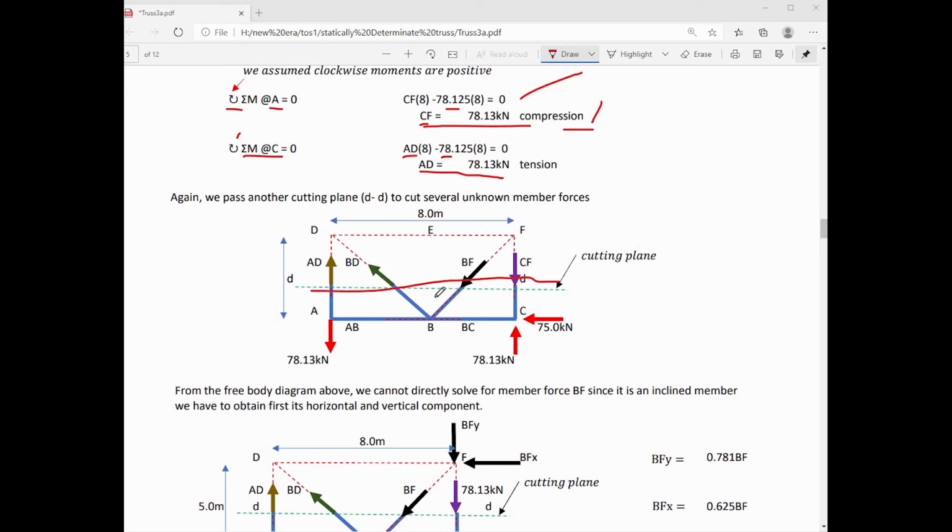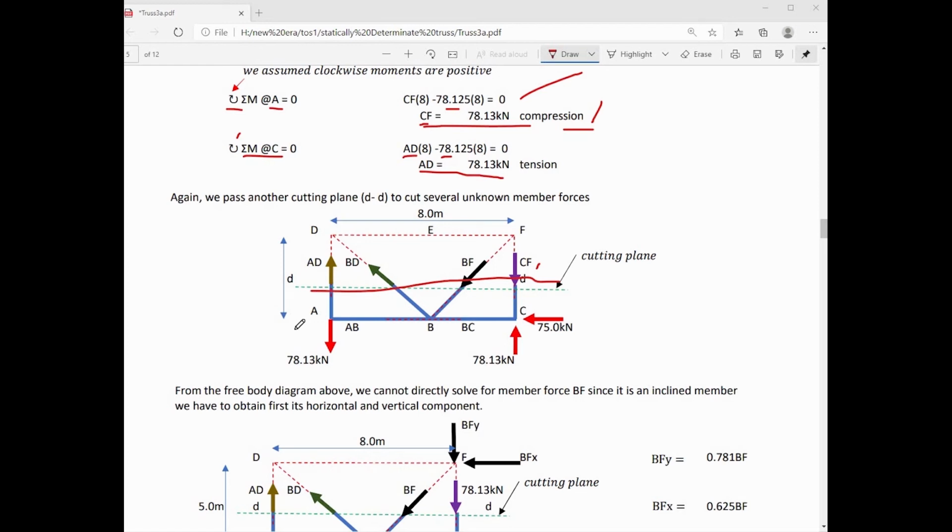Then we will again replace the severed member with forces, and all the directions of those forces are assumptions except for CF. We have already solved for member force CF, and we proved that that is under compression or a compressive force. That's the reason why it is acting toward the free body diagram.